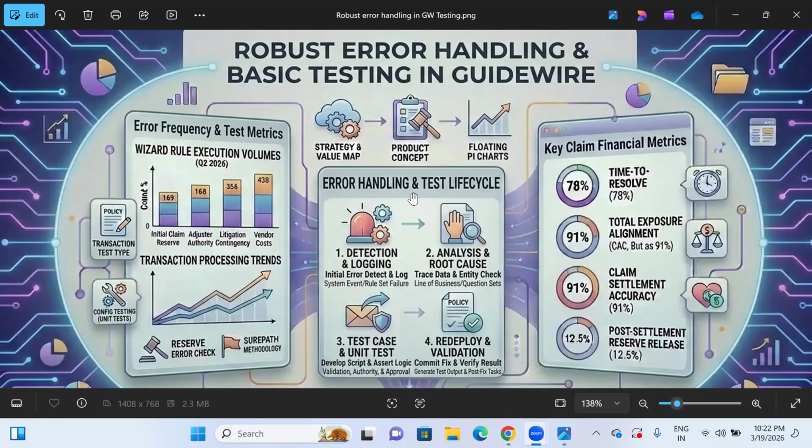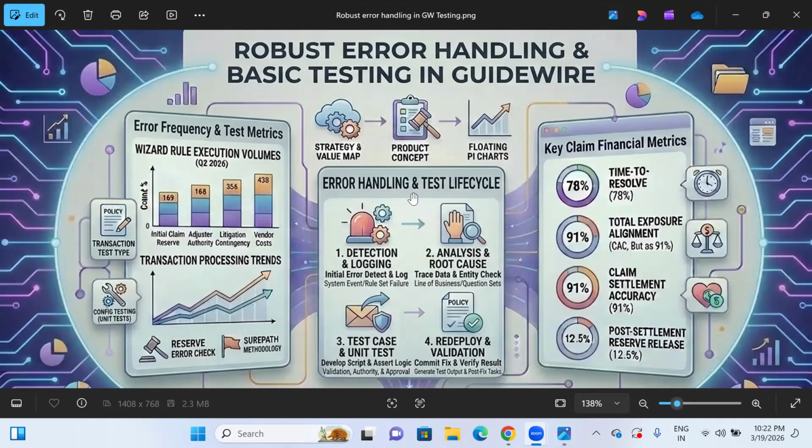Apart from that, what are the different transactions and the kind of transaction types that we are using to process the transaction trends? At the same time, what are the different configuration testing that we do when we are making any changes on the configuration, including unit testing, right? So reserve error checks, everything that we can perform under the transaction process trends, transaction test types, configuration testing, etc.